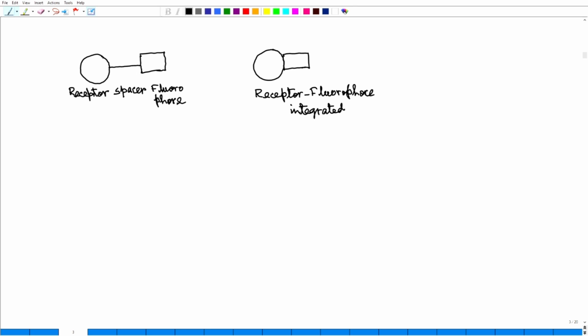We want many different kinds of design. This one is very easy to design because I can independently vary my fluorophore and my receptor. And the spacer not only separates these two, it serves important purposes, as will be obvious to you as we go along.